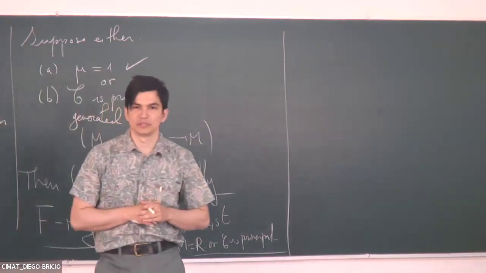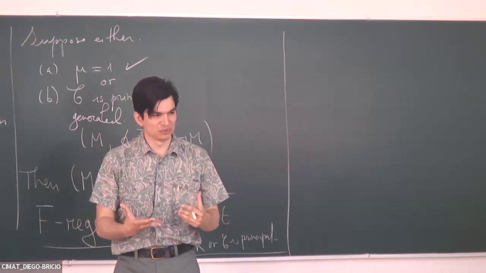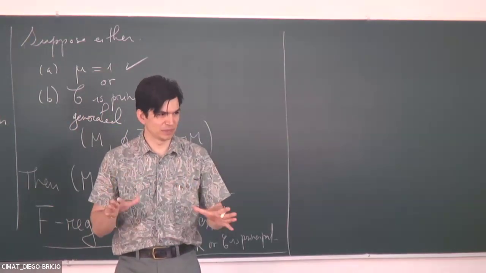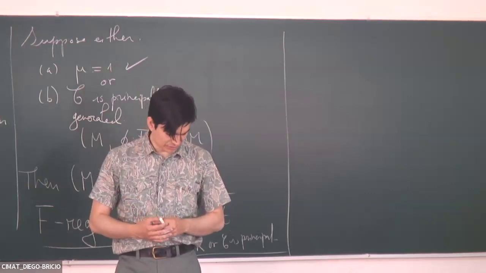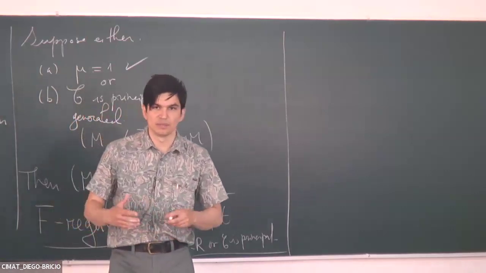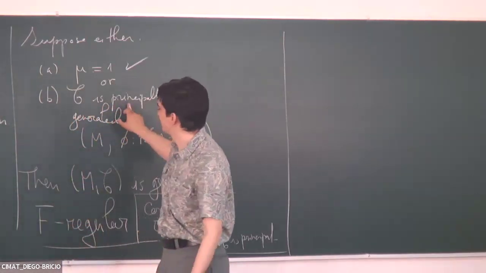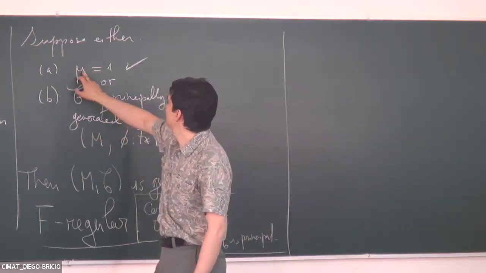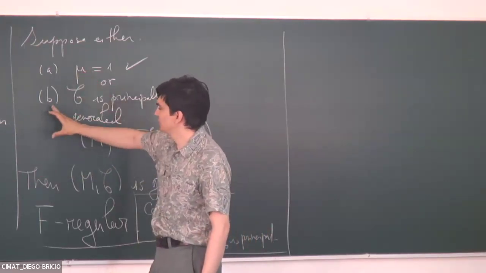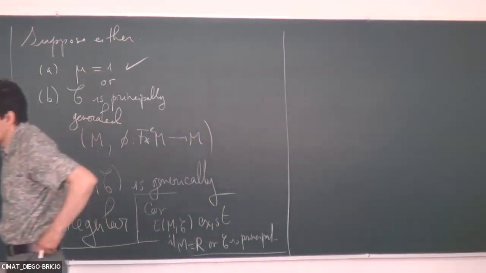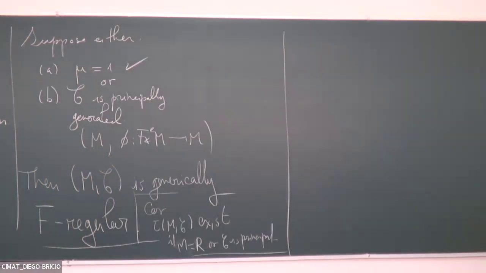It looks like it's morally speaking the same proof, but just expressed in a different way. At least it makes me understand it better. But even in Manu's argument, I definitely don't see why we would use this. Because in the principal case, of course, it's going to be generated with one element. And in this case, you can always reduce to the case in which you have one element actually. So the argument I'm going to present is as follows.